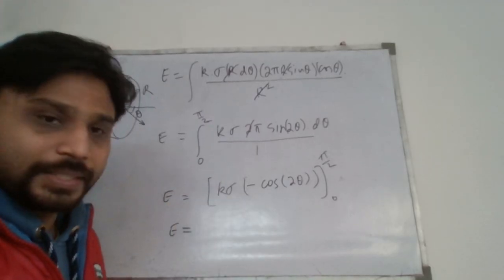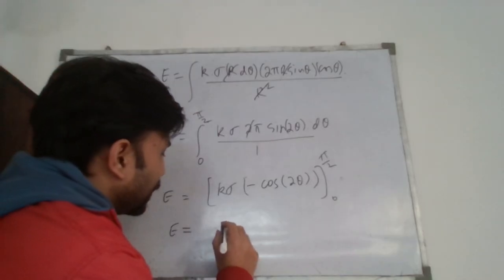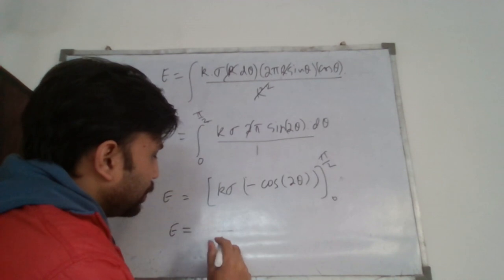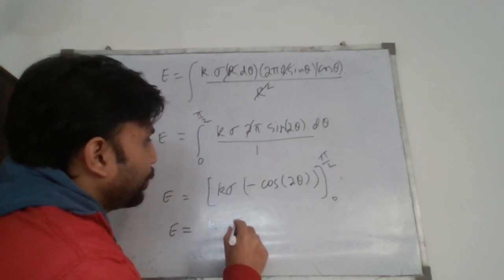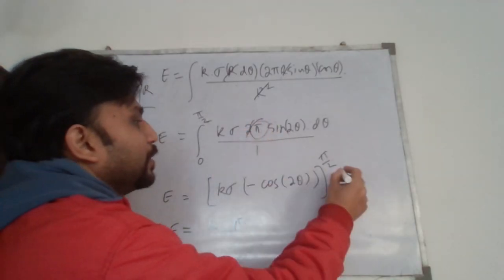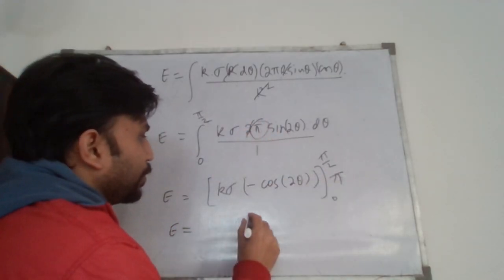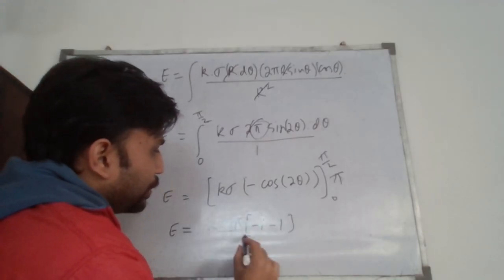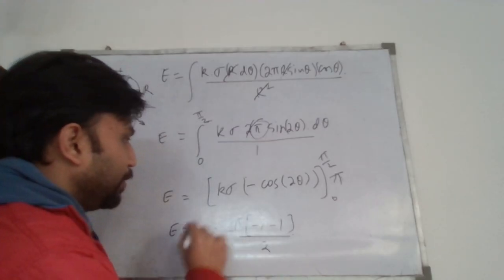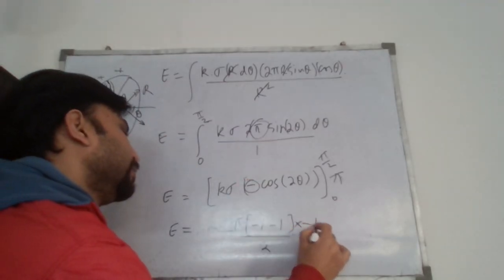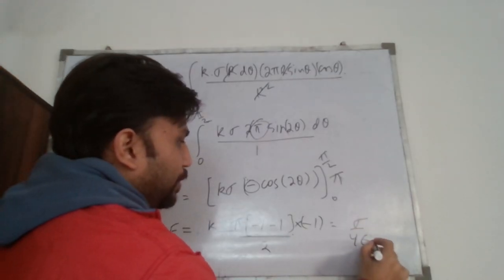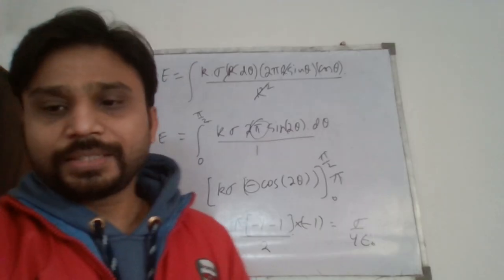After solving all of this, we get the result: k into sigma into pi into minus 1 divided by 2, and there is a negative sign here as well. We get sigma upon 4 epsilon.